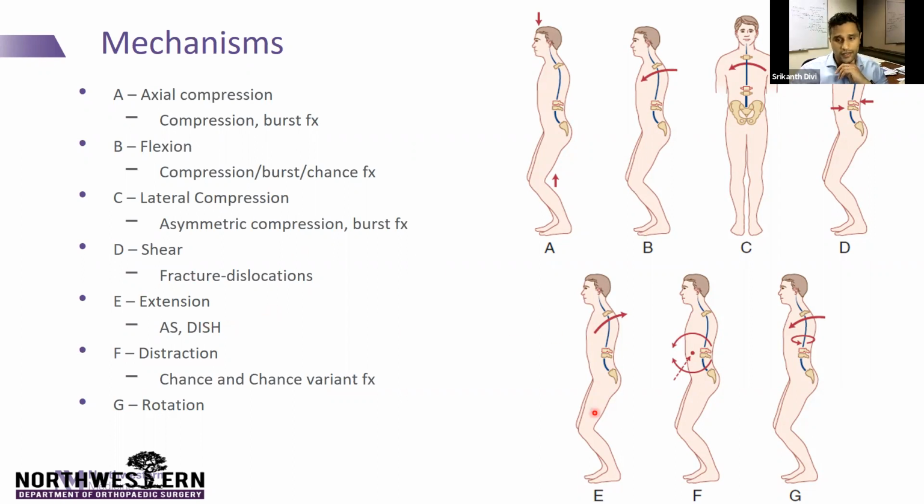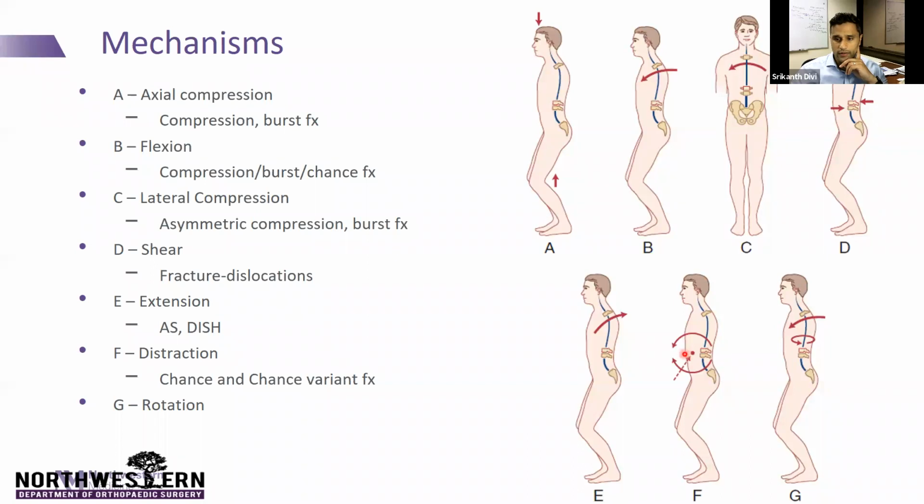Extension injuries, you can think about the fulcrum of injury as being behind the patient. So the anterior column of the spine sees extension forces and there are compressive forces along the posterior aspect. Interesting corollary between this flexion injury and this rotational injury: it depends on where the fulcrum of rotation is. This is anterior to the anterior column, right?